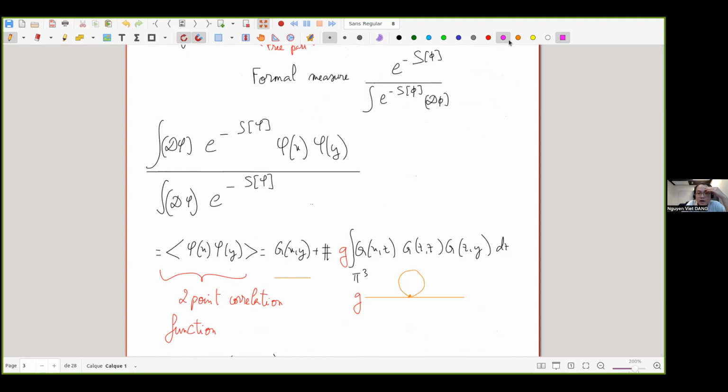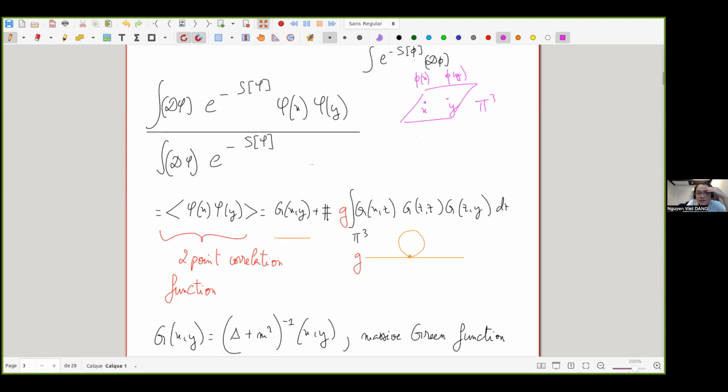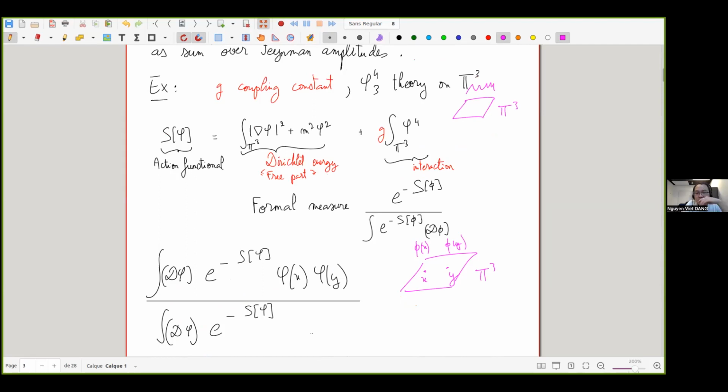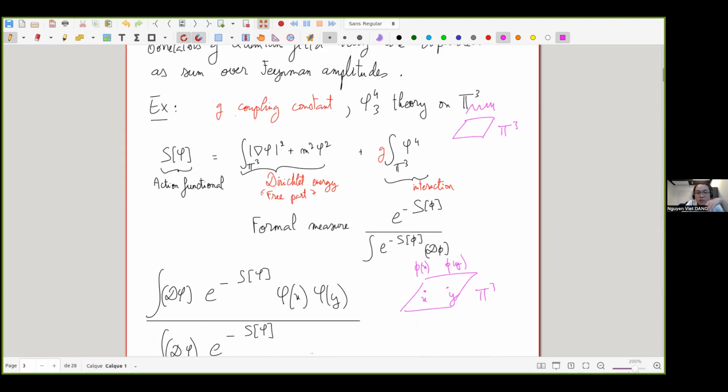A natural quantity you would like to consider is, recall you are in your 3 torus, you consider 2 points, x and y, and the value of your field over these 2 points, phi x and phi y, and you would like to consider the average of the product of the values of the fields, and the average is taken with respect to this formal measure. I say formal because the coupling constant here is like a formal variable. It's not an actual number.